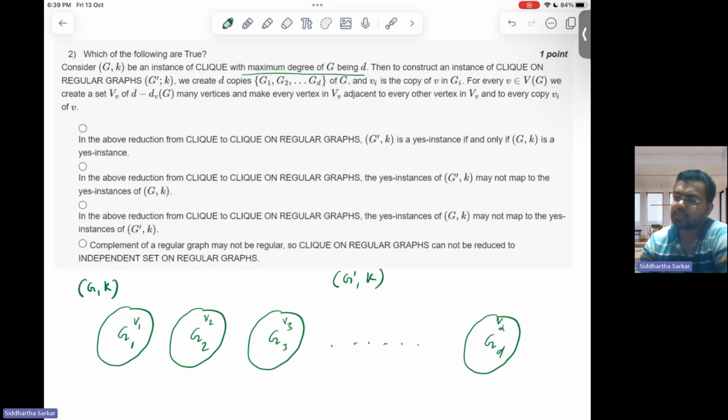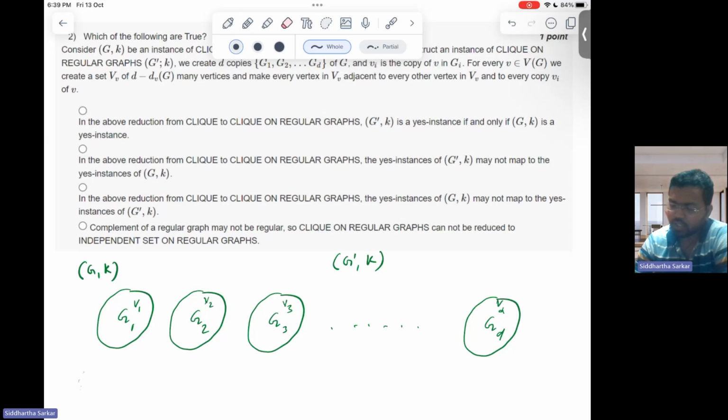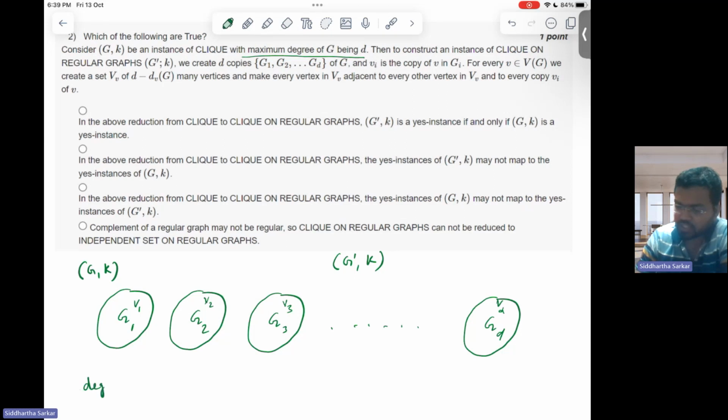For example, if the degree of v in G is d, that means v is a vertex with maximum degree, then we don't do anything.